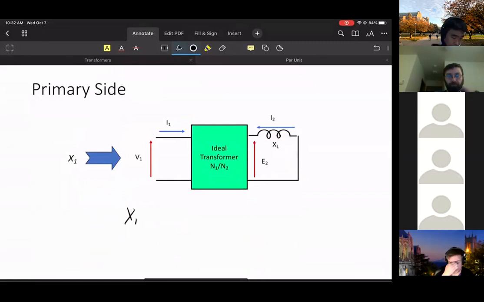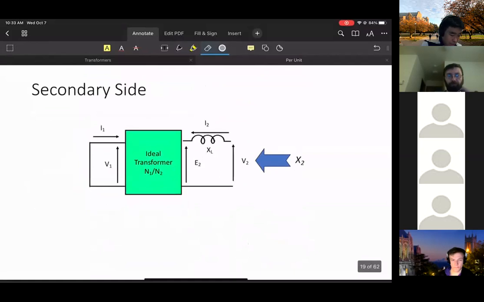Then X1, looking across the ideal transformer, as we have seen before today, is N1 over N2 squared times XL, if we refer this to the primary side. If we look from the secondary side, then of course X2 is just XL.